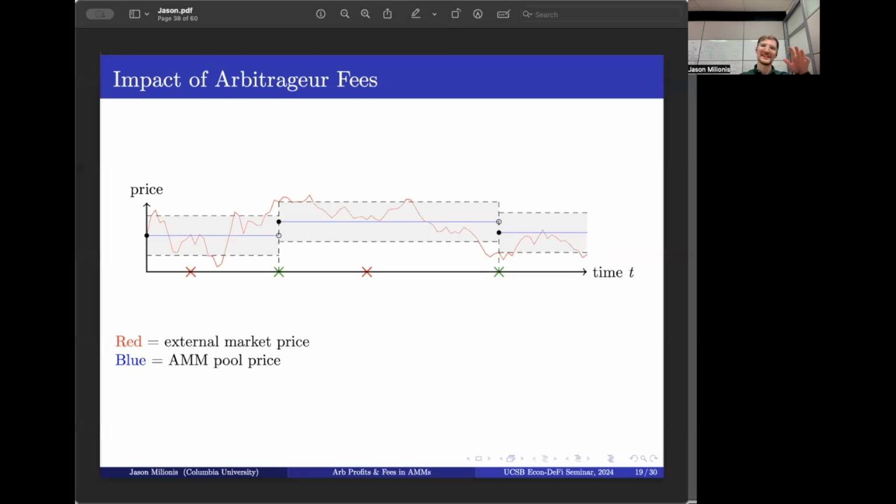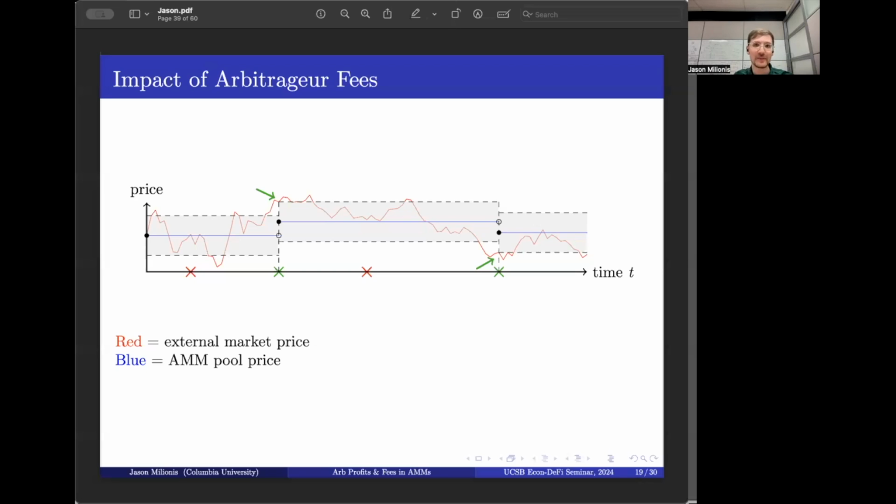So basically, if we now look at these green arrivals, on these green arrivals, the external market price at this instant is outside of the gray shaded region. So this means that the arbitrageur is actually going to go ahead and rebalance the pool. Now, what you actually see, though, is that the arbitrageur is not going to rebalance the pool all the way to the external market price.